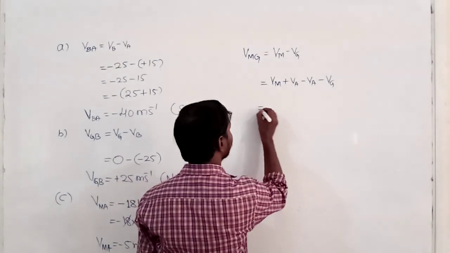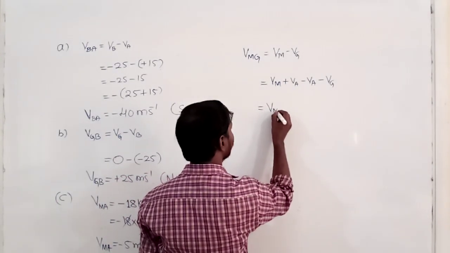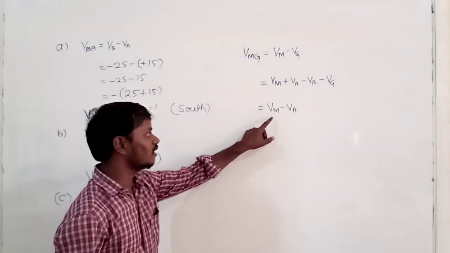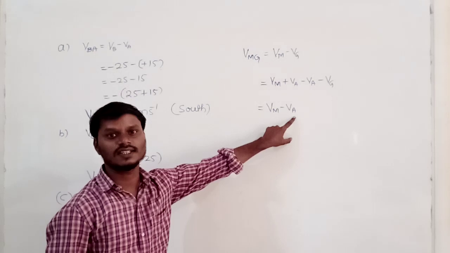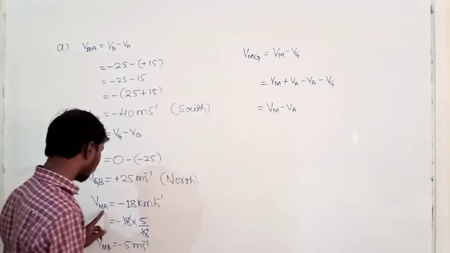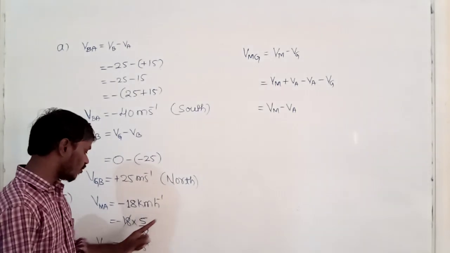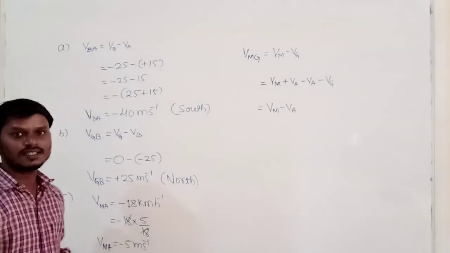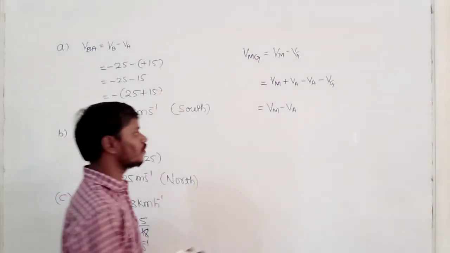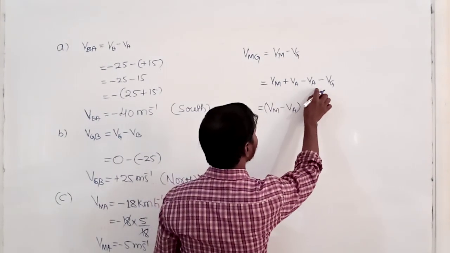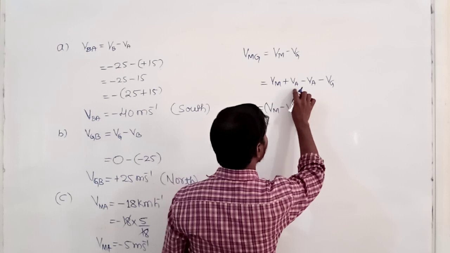Then I will write this as VM minus VA. What is its meaning here? It is the velocity of the monkey with respect to train A, which is given as minus 18 km per hour, but in terms of meter per second, that is minus 5 meter per second. Then this is VM minus VA plus VA minus VG.